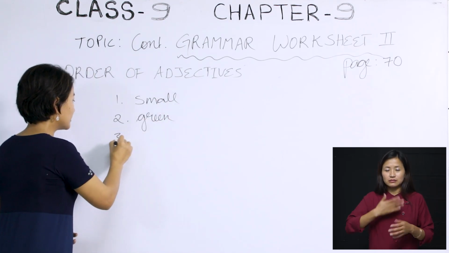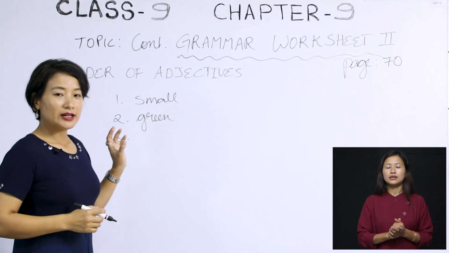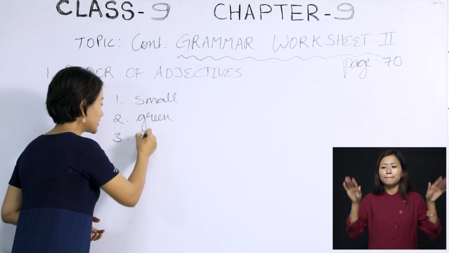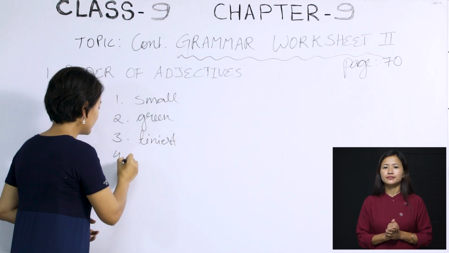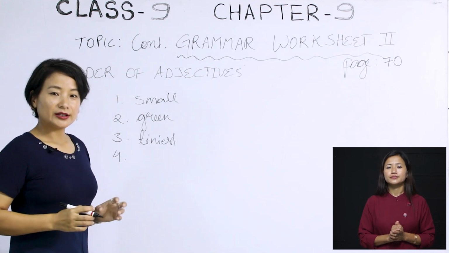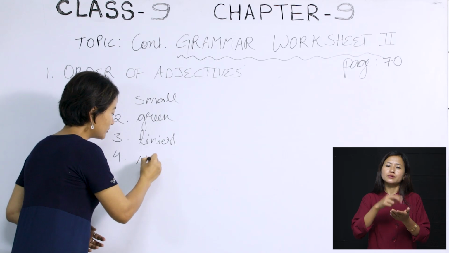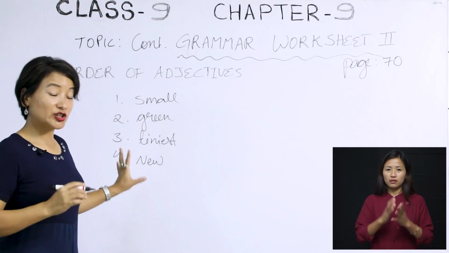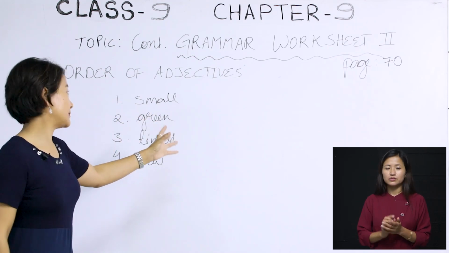And you also noticed that it is the tiniest bird that you have ever seen. So let's just put tiniest. This is a new bird that you have spotted. So let's take the word new and so on. So these are a lot of adjectives that you can use to describe that bird.